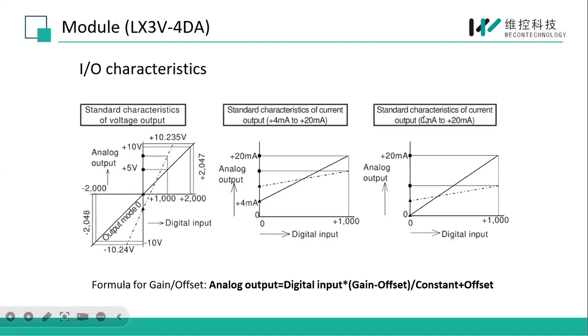If we choose the current output mode from 0 to 20 milliampere, then if the digital input is 0, it also outputs 0. And if the digital input is 1000, the module analog output is 20 milliampere. So the formula of gain and offset is here.